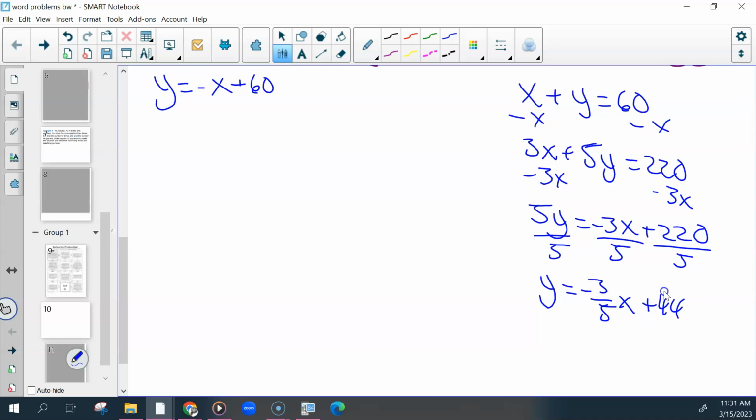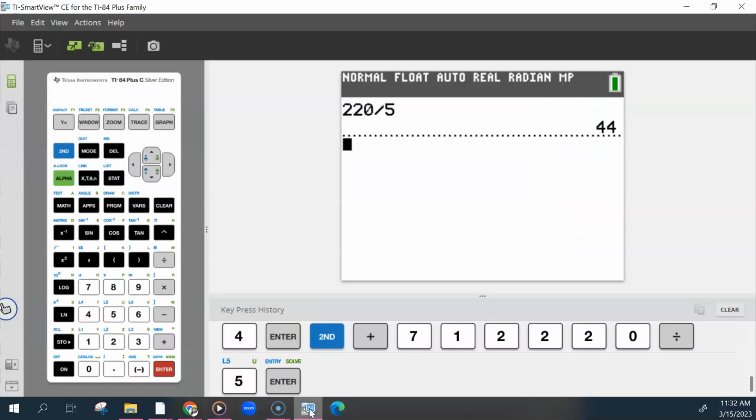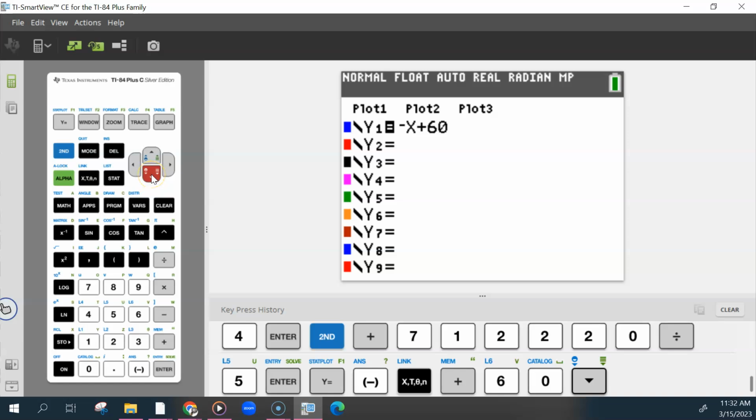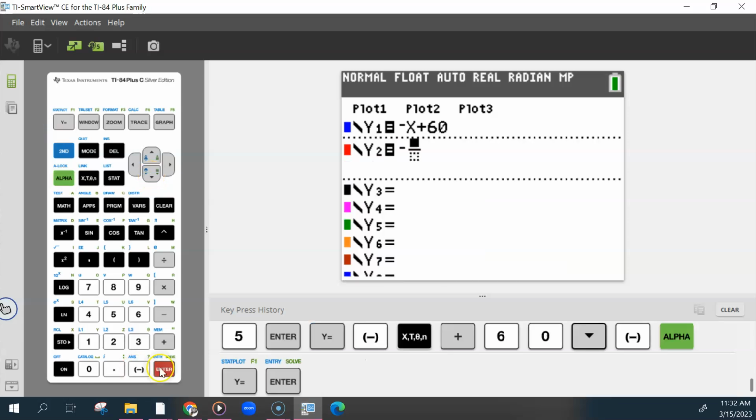You're going to put those into your calculator in y equals. So negative x plus 60 and negative 3/5.